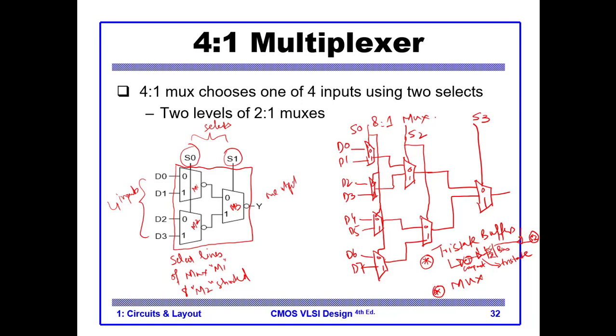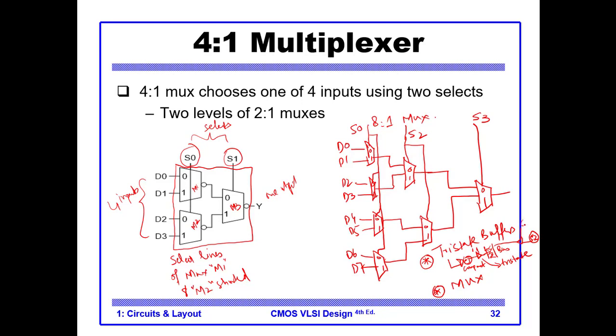So if, for example, C1 wants to use the bus, it will enable its pass transistor, and there will be a connection established between C1 and the bus, and C1 can put some value on the bus.